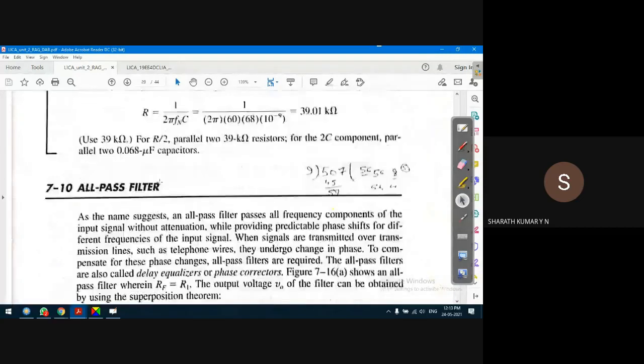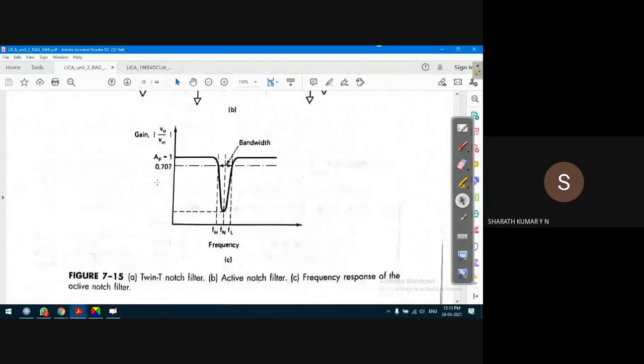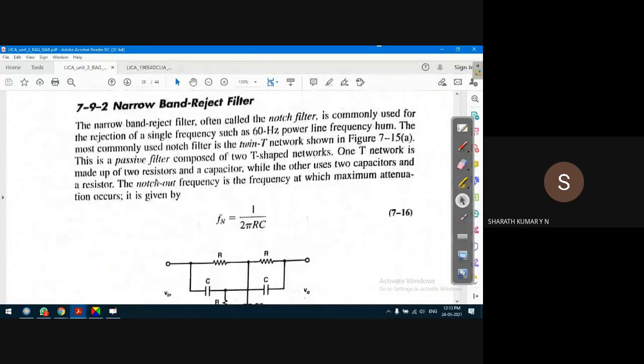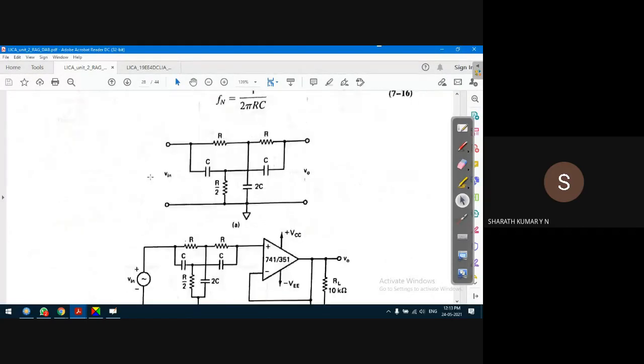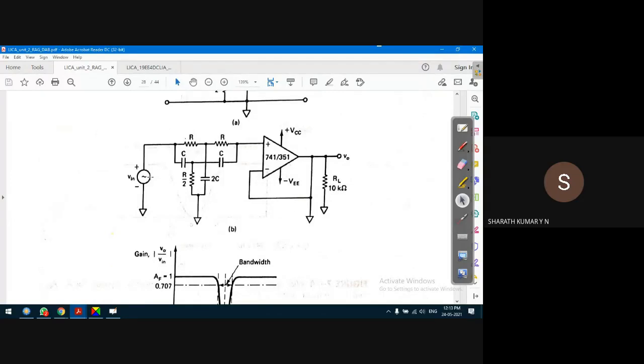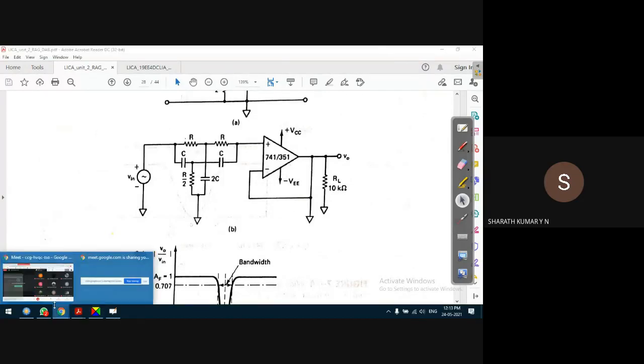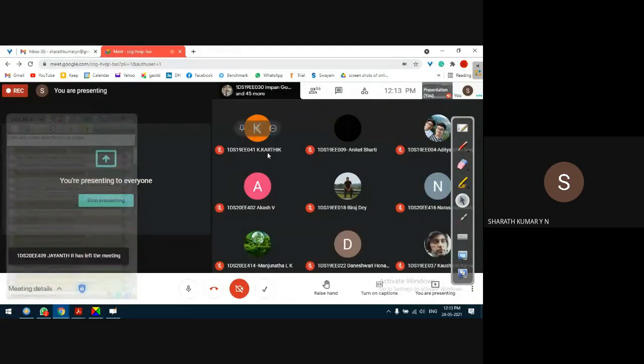Since this time I'm referring to it, accordingly I need to modify it, and I need to discuss with the faculty in the other section. Earlier there was Satish sir, now a new faculty has come. I need to discuss with sir and then finalize the question bank. I need to prepare that anyway. That needs some changes. Once it is done, I'll share it with you guys.